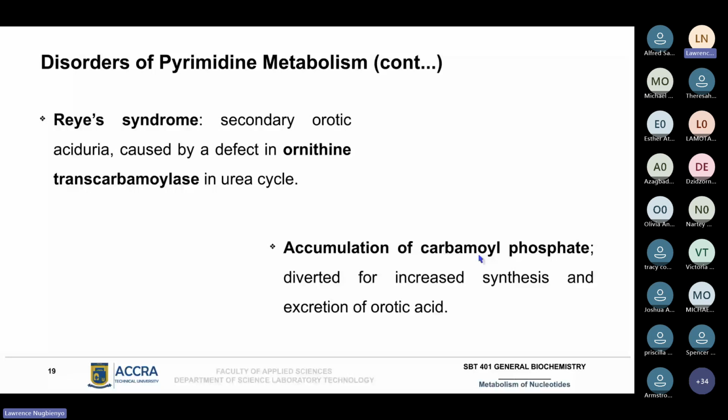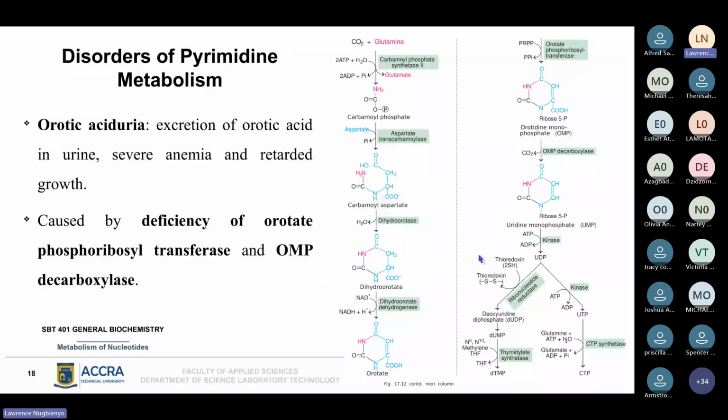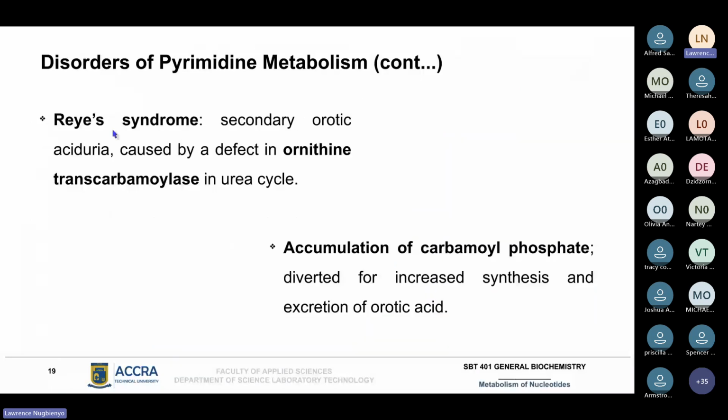Of course, once you have in large amounts carbamoyl phosphate, it means the reaction will continue so that it forms that orotate or orotic acid, which means an accumulation of carbamoyl phosphate results in the overproduction of orotic acid.